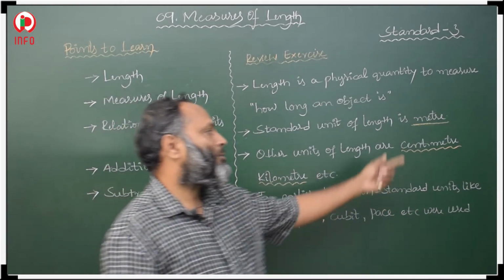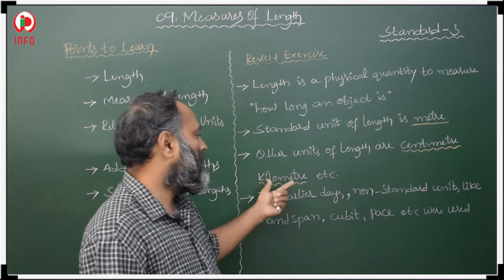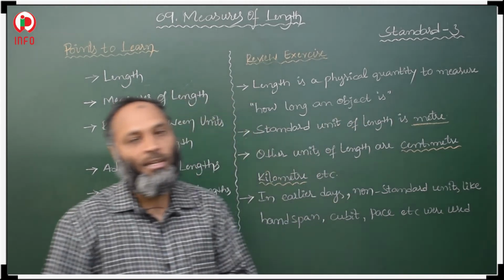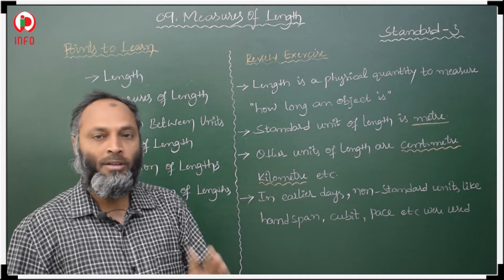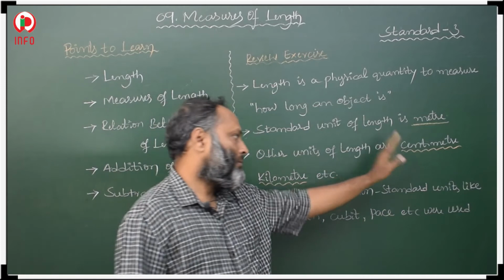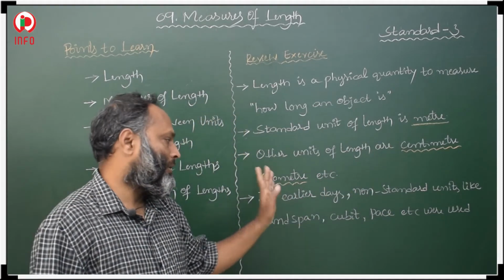Centimeters are smaller than meters and kilometers are bigger than meters. So the meter is the standard unit of length, and other units are centimeter and kilometer.